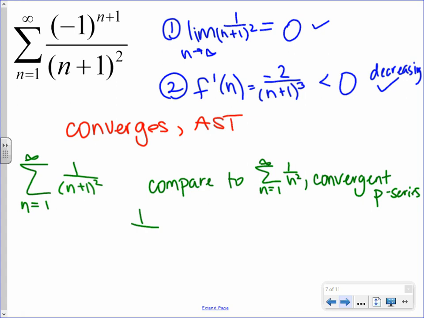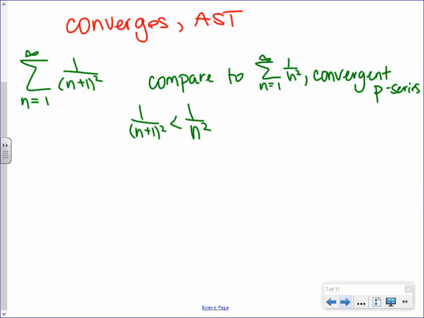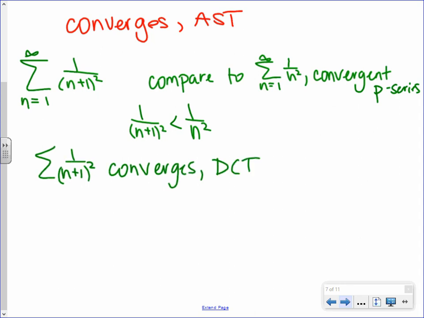Is 1 over n plus 1 squared always going to be smaller than 1 over n squared? Okay. So, since that is the fact, then 1 over n plus 1 squared converges based on the direct comparison test.